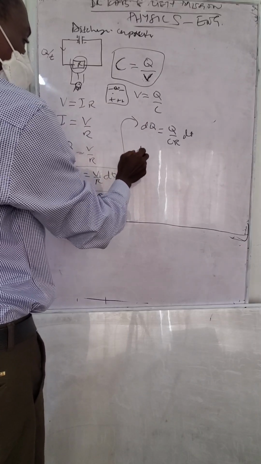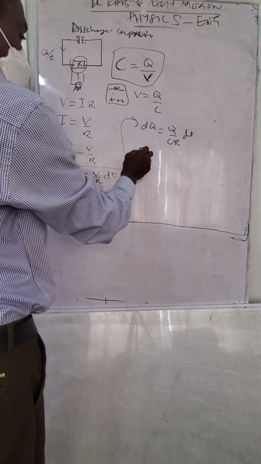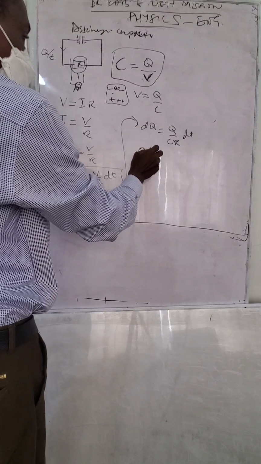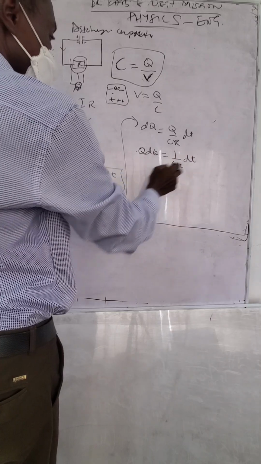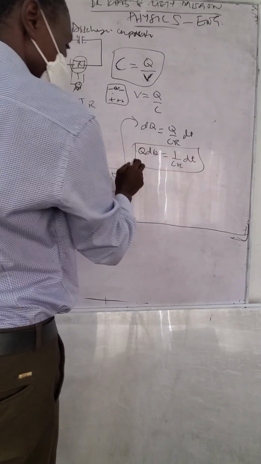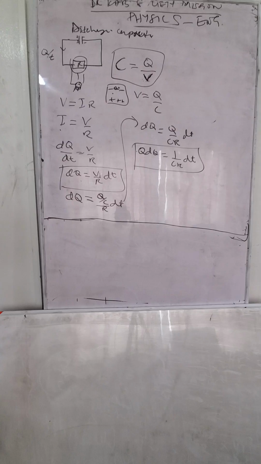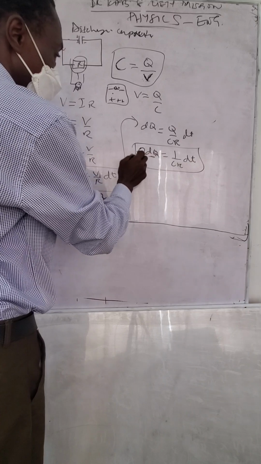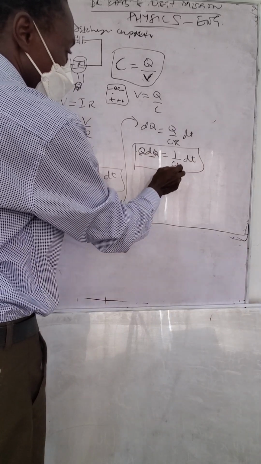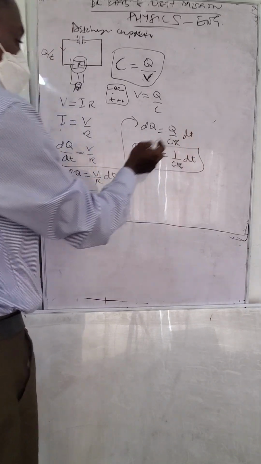Then we're going to have dQ over Q is equal to 1 over CR dt. So this is what we are having now. This makes the equation very simple to handle. All we need to do is we have our dt here, and the Q here, and the Q here. There's a constant here, another constant here, so we are good to go.